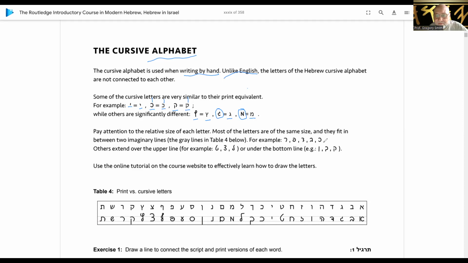I see. They're basically saying you just kind of have to line them up on a line. Others extend over the upper line, so you have the upper line here and see how they extend up.